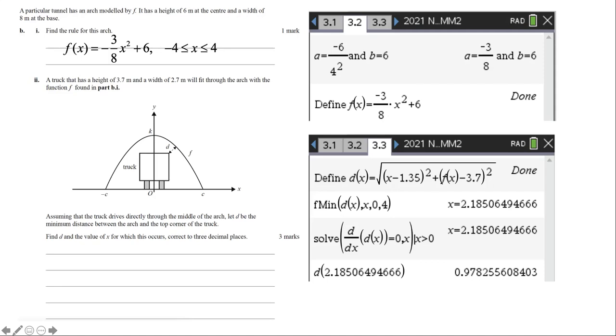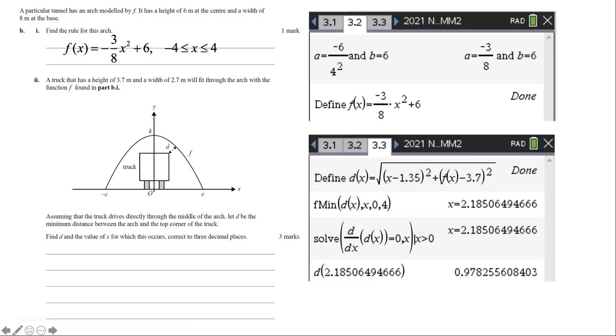And I get 2.1850649, etc. Alternatively, you could solve the derivative of that equals 0 for x. Notice x is greater than 0, and you should get 2.18506, etc. Finally, don't forget to substitute this x value into d of x for the minimum length itself, because d represents the length from this point to the parabola, okay?